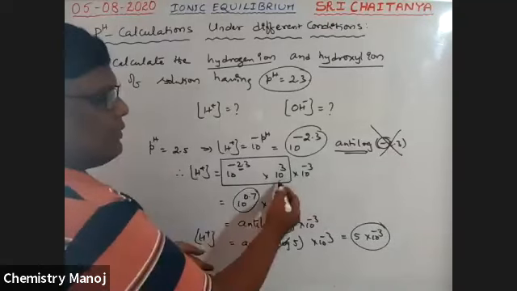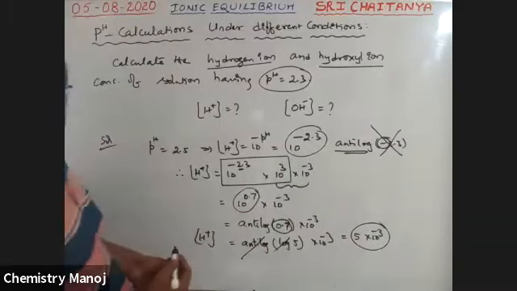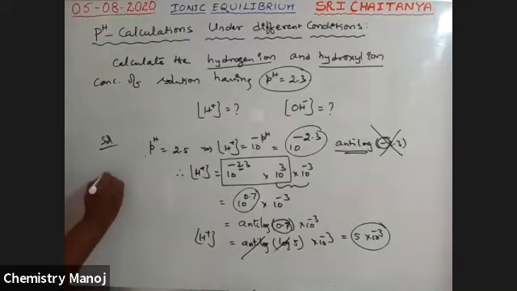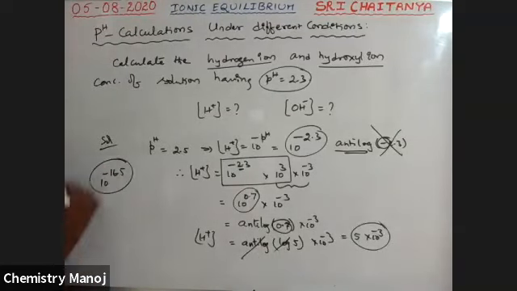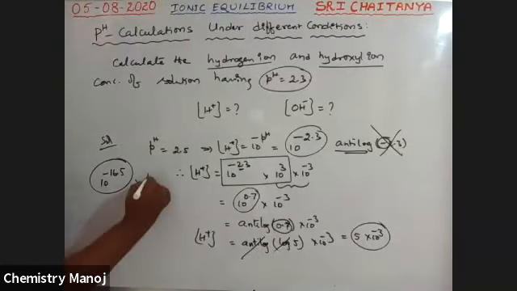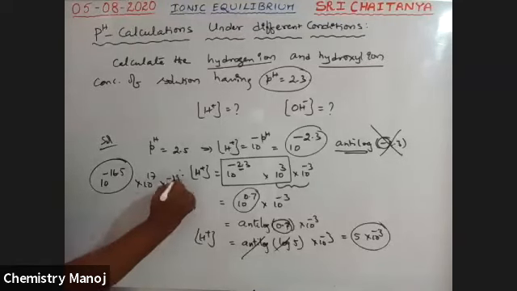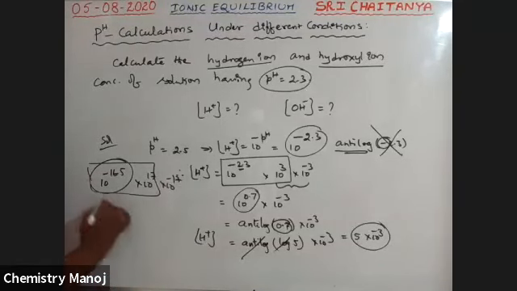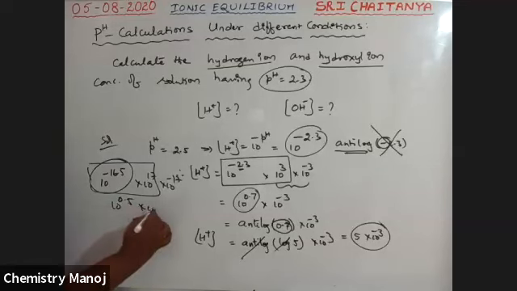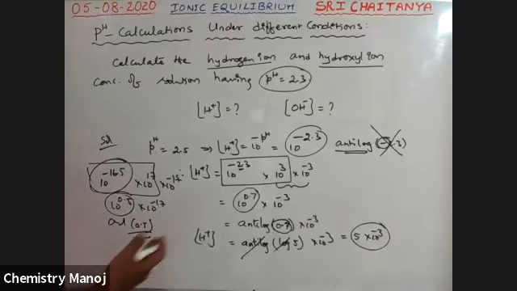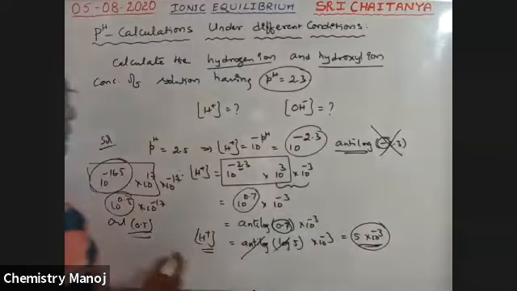For example, if you got 10 power minus 16.5, 10 power minus 16.5 is 10 power minus 17 multiplied with 10 power 0.5, which is 10 power 0.5 into 10 power minus 17. It is the anti-log of 0.5, so it is positive. Our target is to convert the anti-log value into positive values. Therefore, our final answer, H plus ion concentration, is equal to 5 into 10 power minus 3.